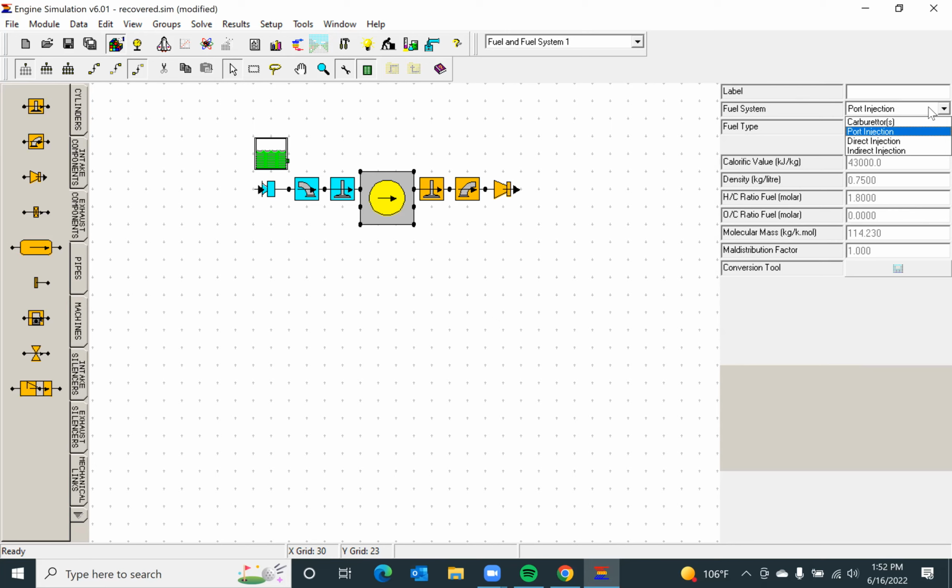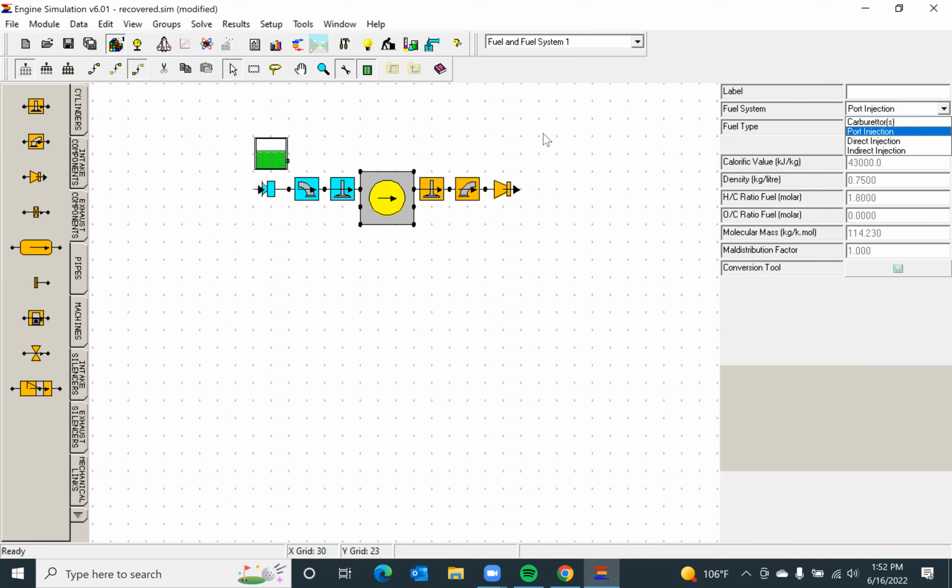Either we can inject the diesel fuel directly into the incoming air stream, or we can inject the diesel fuel onto the combustion chamber. So that's what it means, direct injection or indirect injection. If you are injecting directly onto the incoming charge, incoming air, then it's direct injection. If you are injecting it on the combustion chamber, that becomes indirect injection.